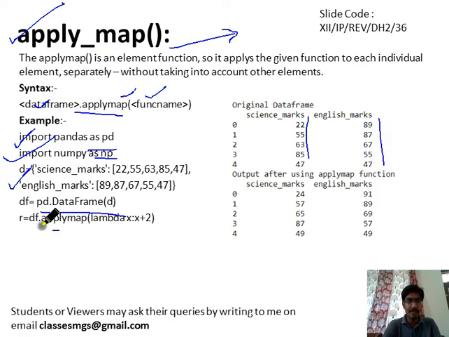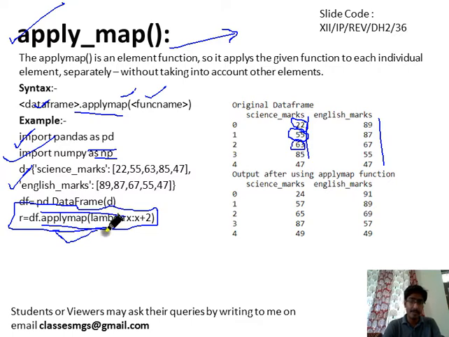Now we want to apply applymap. This question is asked in the CBSE sample paper, so you should remember how this function works. The applymap function applies on each individual element of the data frame, like 22, 55, 63, 89, 85, and 47.